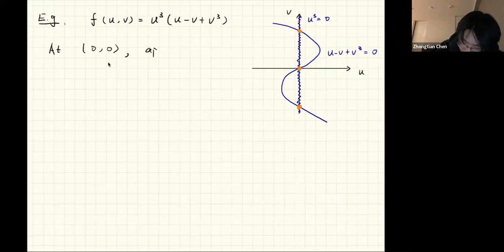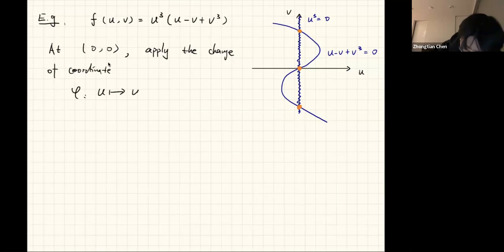We apply a change of coordinates phi, which sends u to u and v to u minus v plus v cubed.